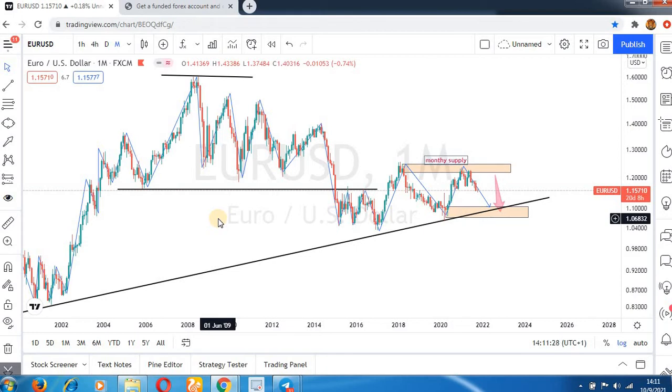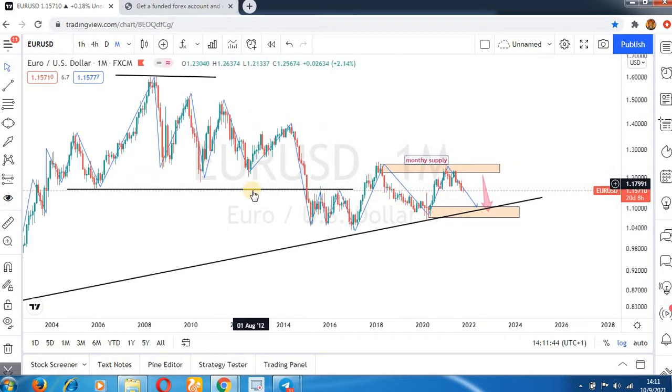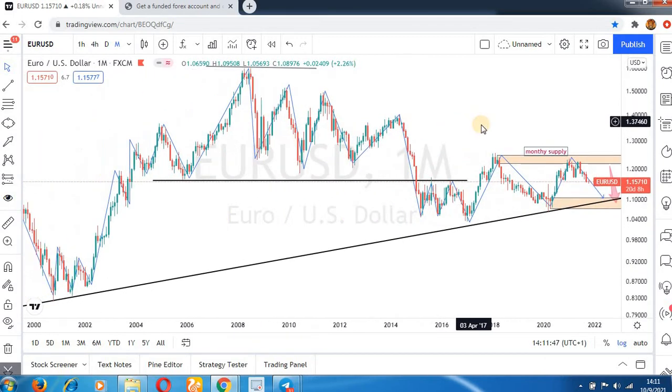I don't know if we can do that in this class because I have other classes. When we come to a second class, we'll talk about the fractal structures and the major structures. So there's a lot to learn, sir.